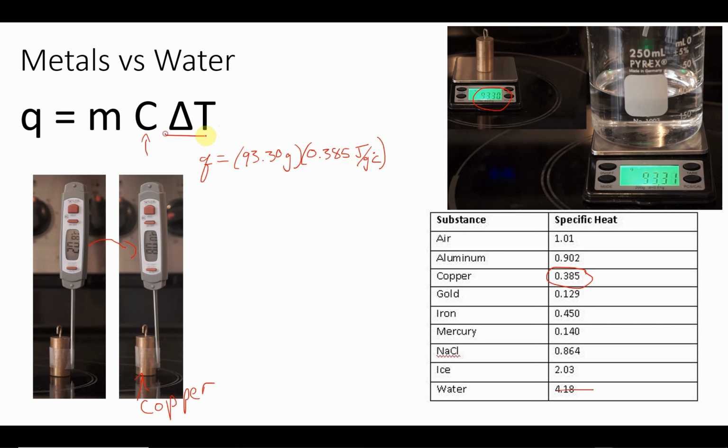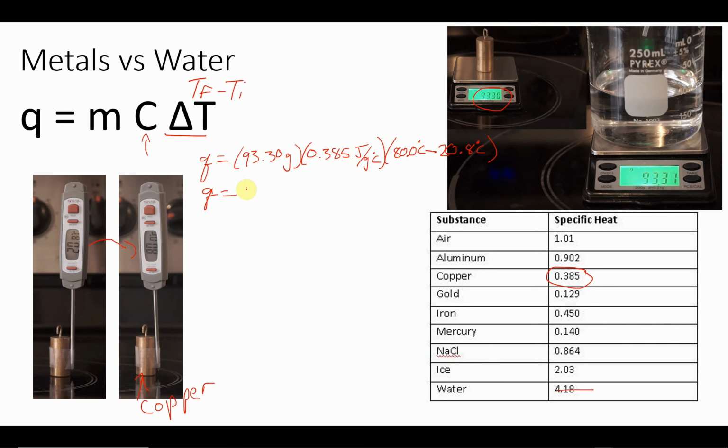And then after that, we need delta T. And you remember, delta T is always the final temperature minus the initial temperature. Well, the final temperature, since we warmed it up, was 80.0 degrees Celsius minus our initial temperature of 20.8 degrees Celsius. And at this point, I always recommend doing the subtraction first and then multiplying it times each one of these.